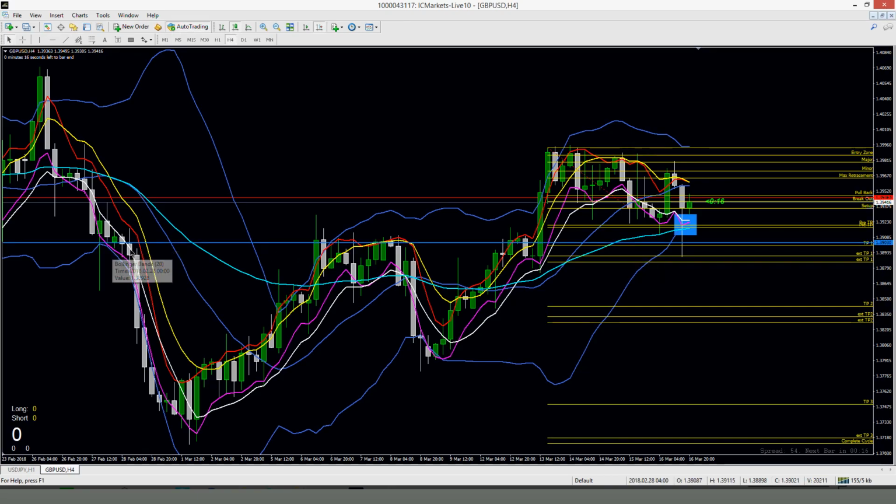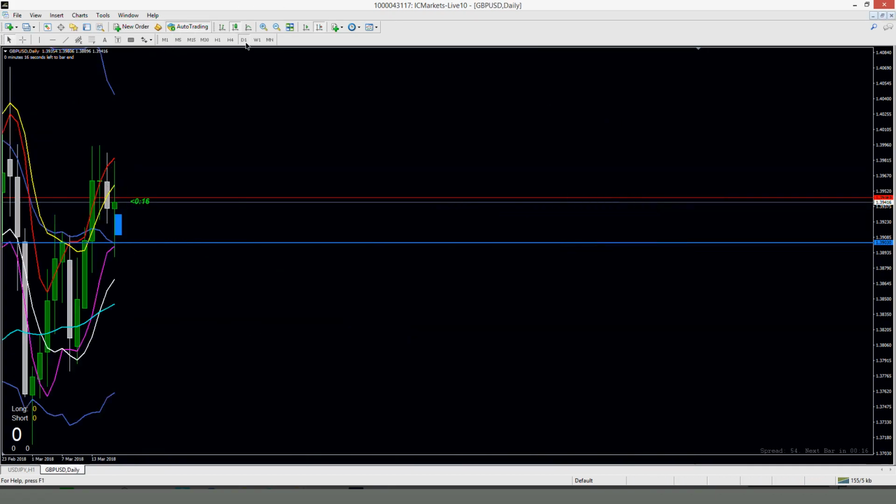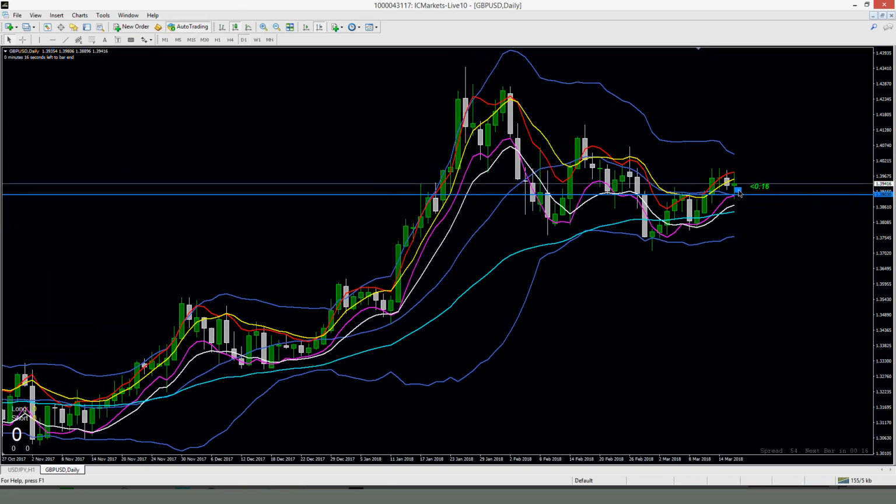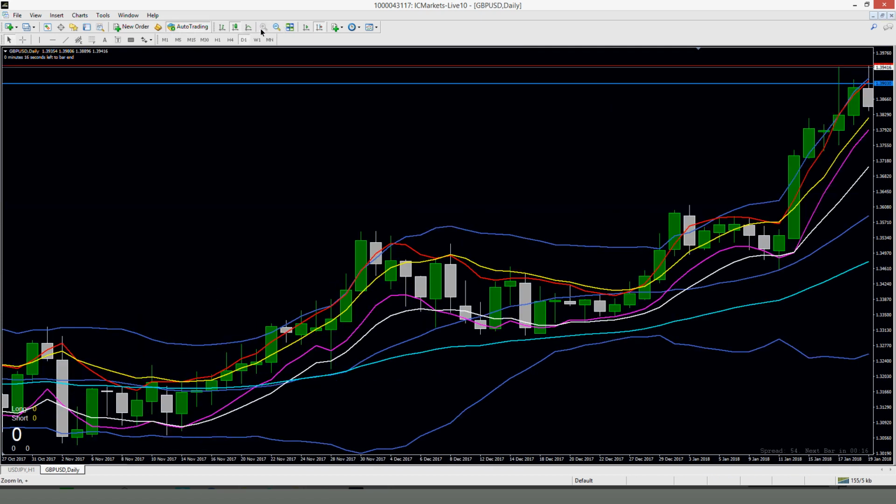This is the initial resistance point, and after the breakout the support becomes a resistance. It was resistance for a while, then there's a breakout, and then there's a potential buy entry over there. So this is a buy entry for H4 because of the re-entry buy at daily, as you can see over there.